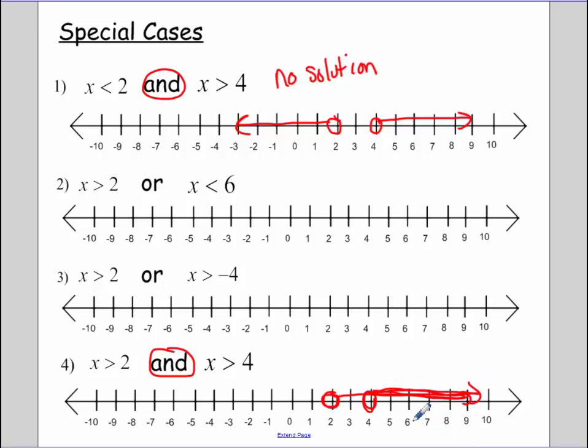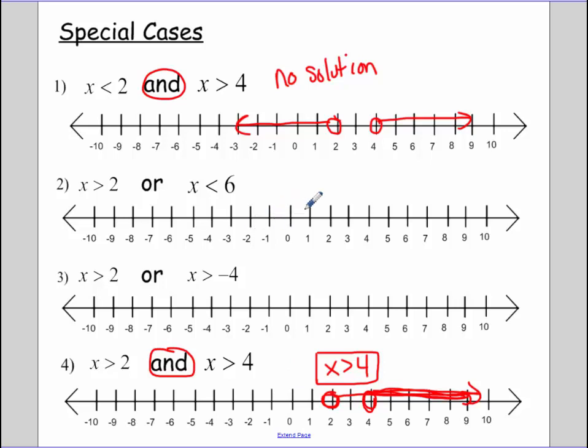The numbers that make both of them true are x greater than 4. So that would be your answer there, because all of those numbers make both of them true. If you look at 3, 3 is not greater than 4. So there's nothing in between 2 and 4. You pick the larger, technically, of them.